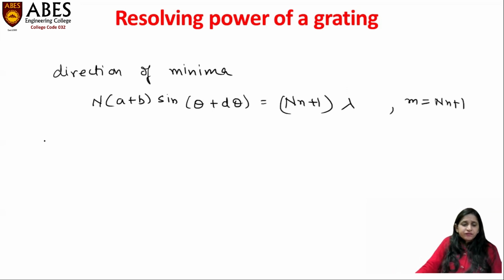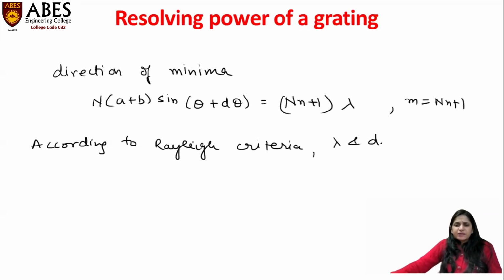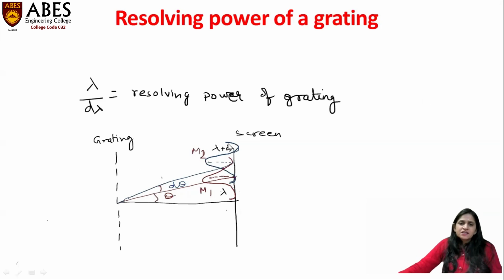Now, according to Rayleigh criteria, the spectral lines lambda and lambda plus d lambda will appear to be just resolved when the nth maxima of the wavelength lambda plus d lambda falls on the first minima of the wavelength lambda. And in the diagram also we can see this, the minima of lambda is falling on the maxima of lambda plus d lambda.